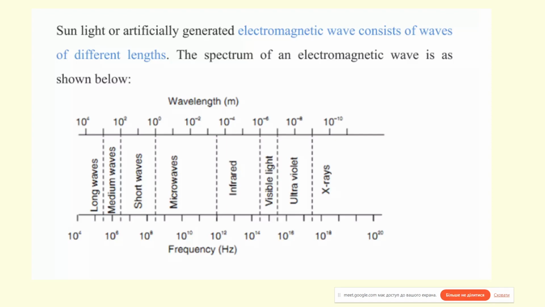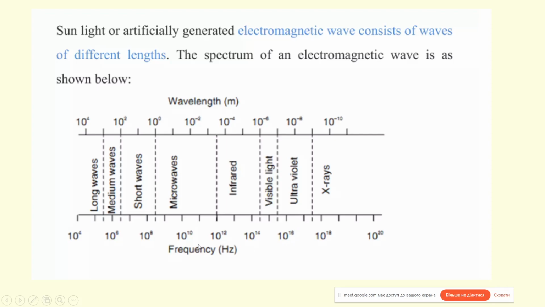Well, the theoretical base of the method. Sunlight or artificially generated electromagnetic wave consists of waves of different lengths. The spectrum of an electromagnetic wave is shown below. Here you can see wavelengths and frequencies.